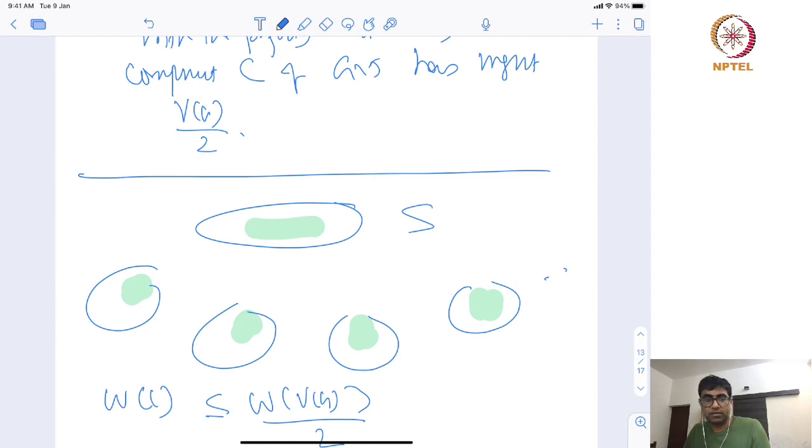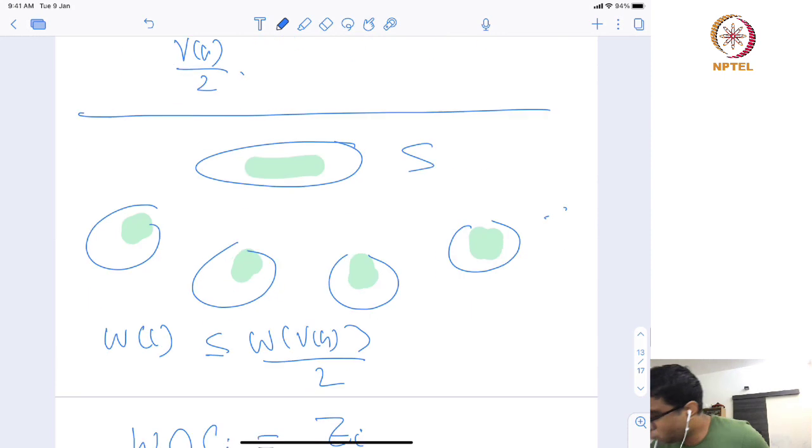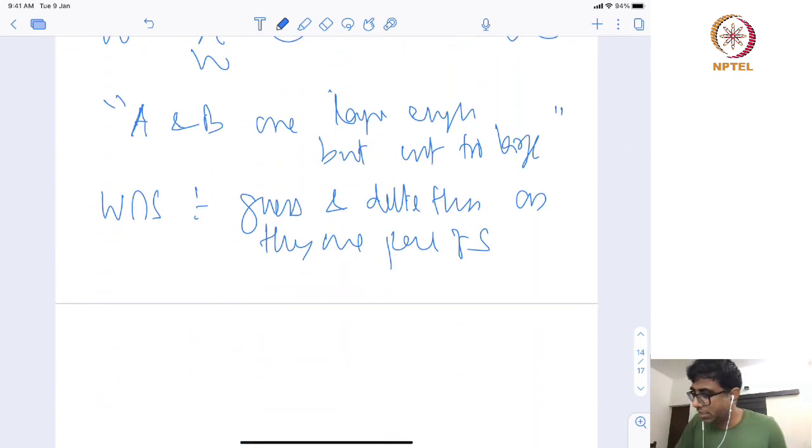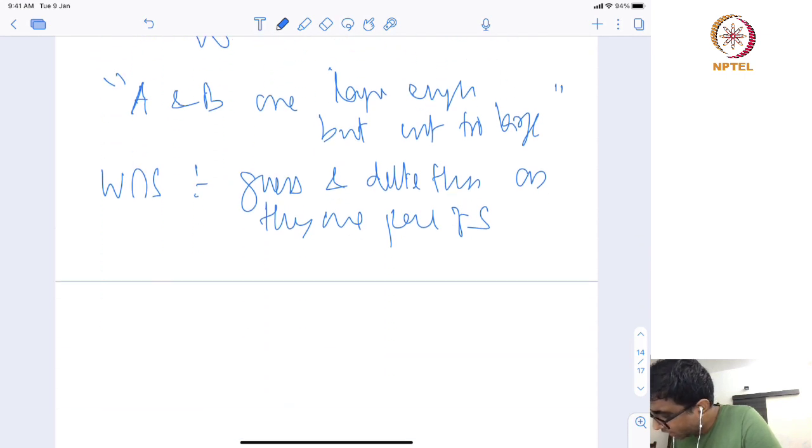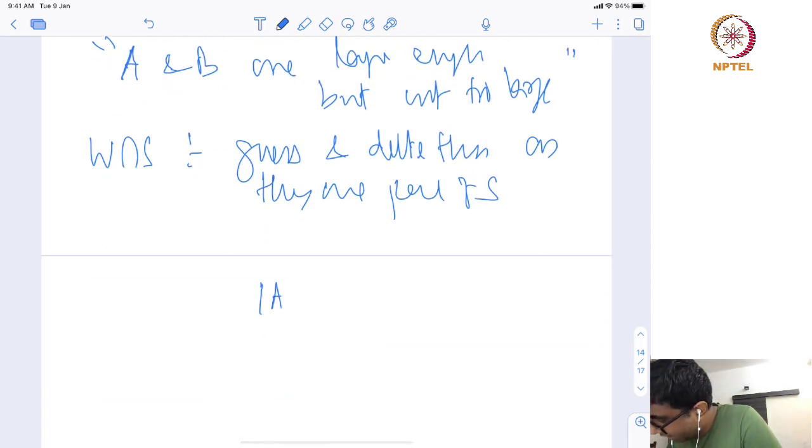But notice that I want W to be separated nicely. It's not that one piece contains a large fraction of W, in the sense that it contains all but say 2k minus 10 and 10 vertices here. We do not want that to happen. So imagine that the property of A and B is that they are at most 2k by 3.